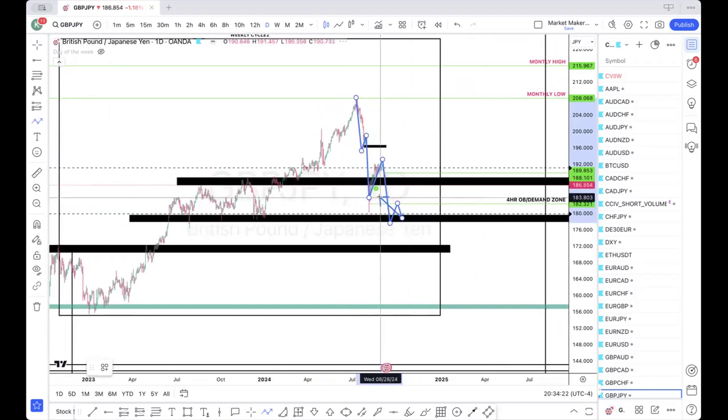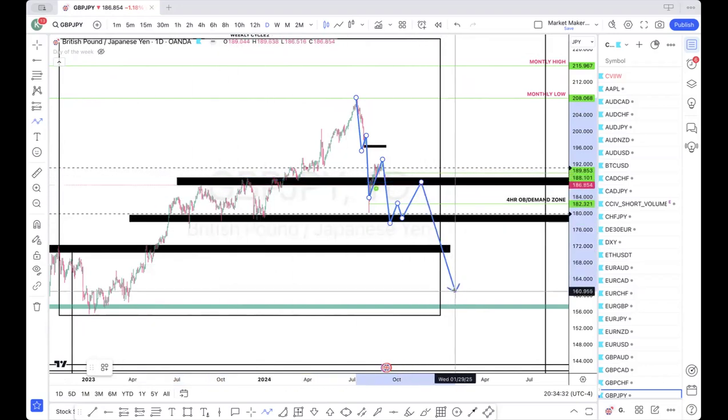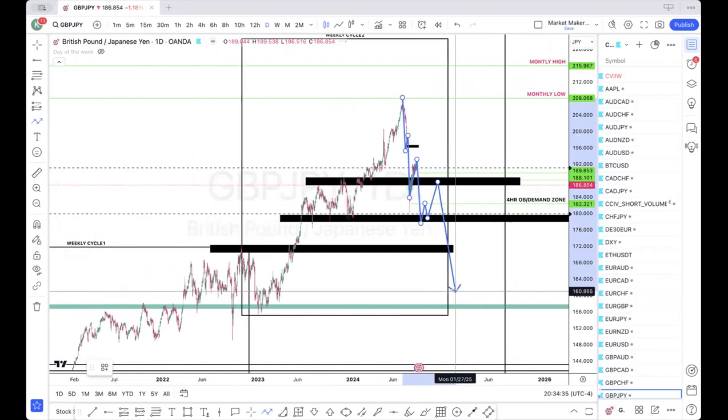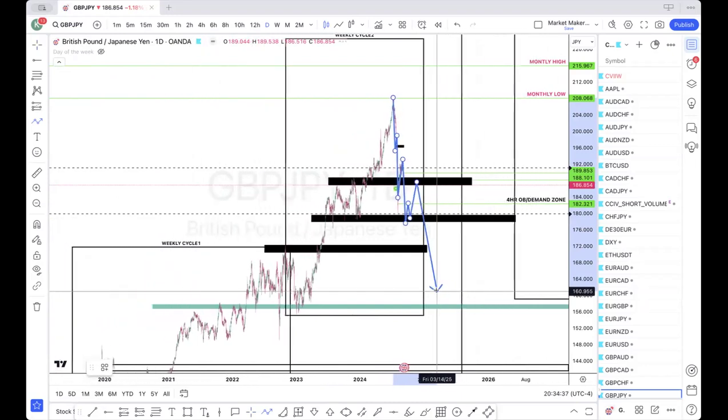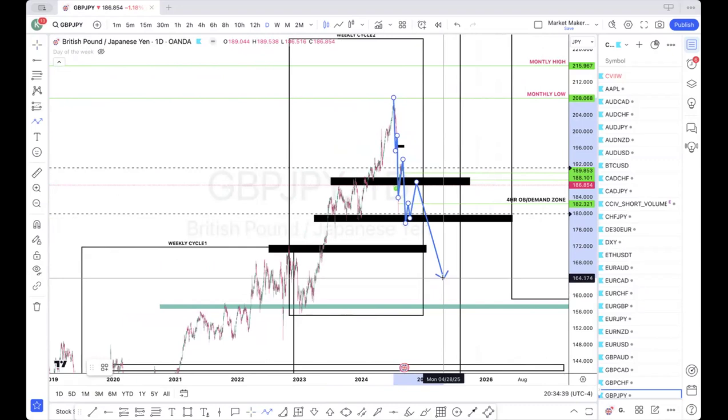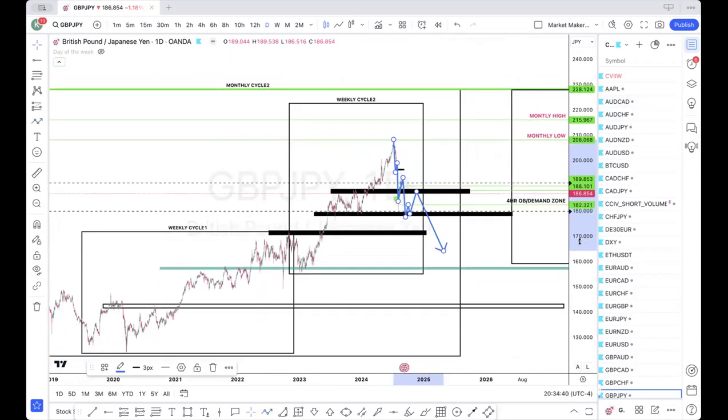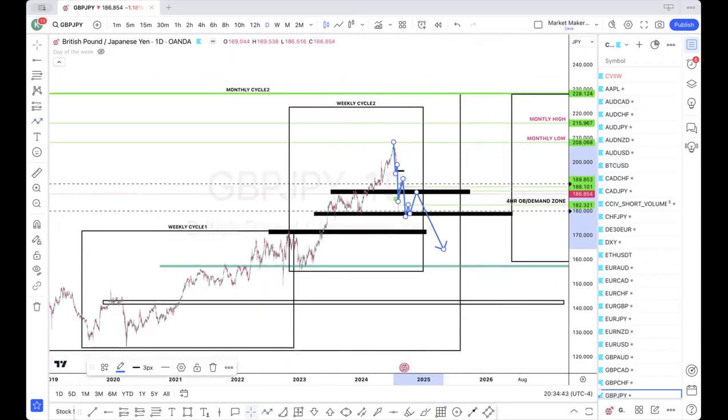Now, as we talked about on Friday, if you're trading patterns, this could be a head and shoulders. So this could just come back up to this zone and then sell down to what we said was the 78.